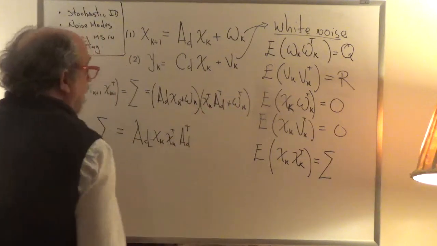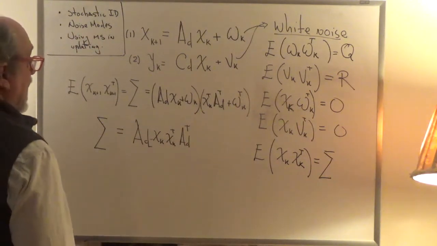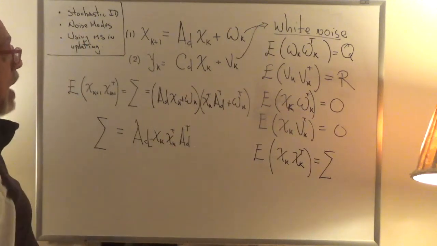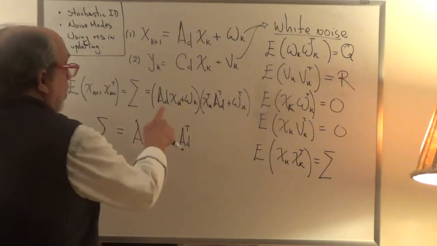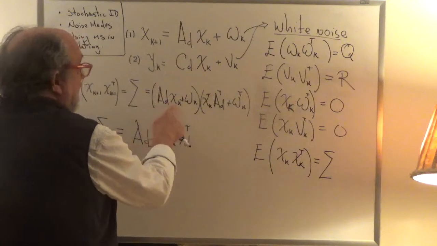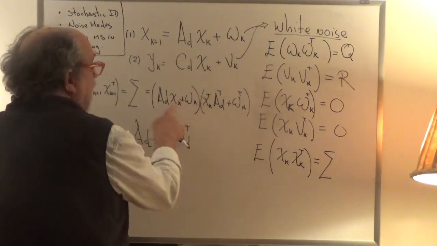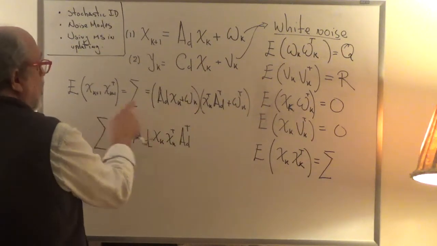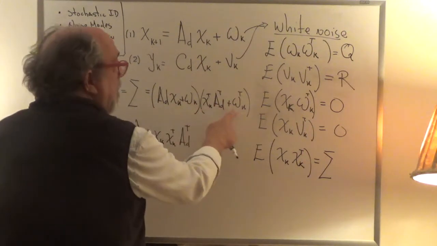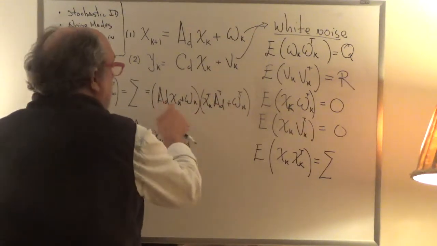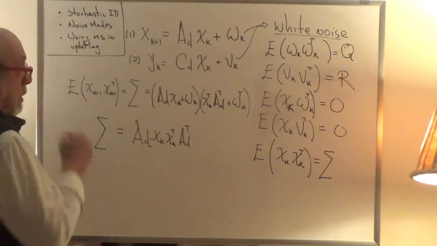That's the first term, right? Now, the next term, to save a little bit of writing, I'm going to make the arguments right here. So the next term is AD xk times omega k transpose, right? But the expected value of xk times omega k transpose is 0. So that means that the next term in this multiplication is 0.